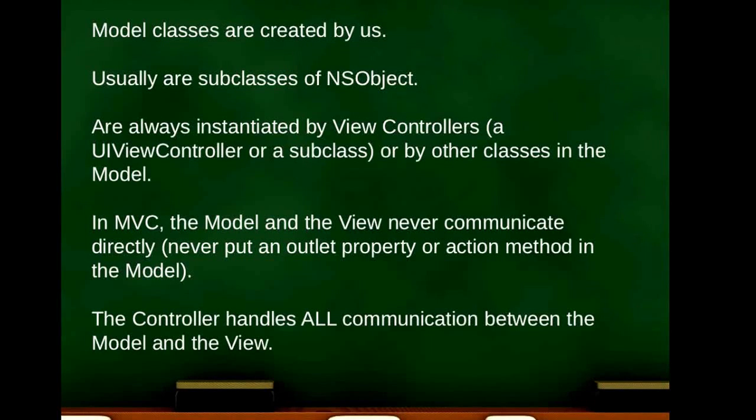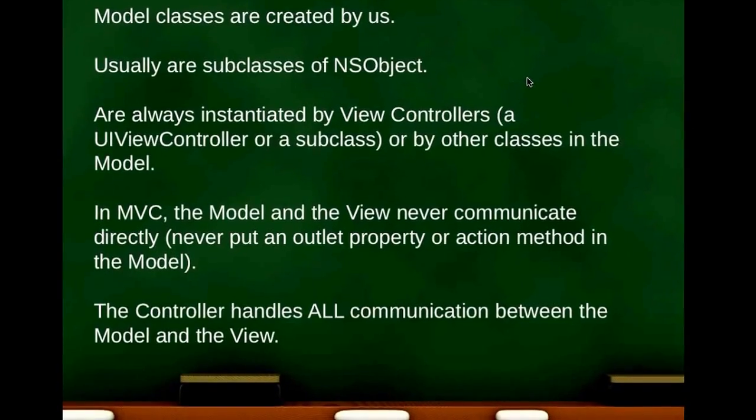There are a couple of design patterns we use for models and controllers and views and controllers to communicate to make sure that the controller gets the message back and forth between the view and the model. These two design patterns are called delegation and target action. We'll talk in detail about these design patterns in upcoming units of the course. So the basic message here is the controller handles all communication between the model and the view.